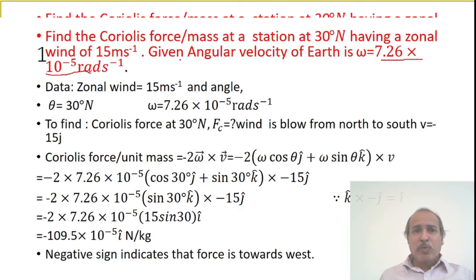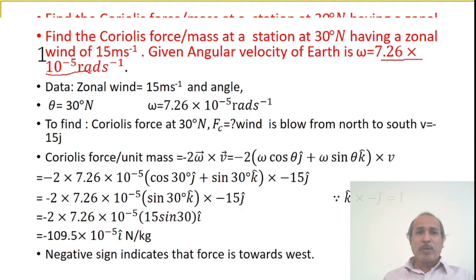Find the Coriolis force per unit mass at a station at 30° north having a zonal wind of 15 meter per second. Given angular velocity of earth omega equals 7.26 into 10 to the power of minus 5 radian per second. First, collect the data.